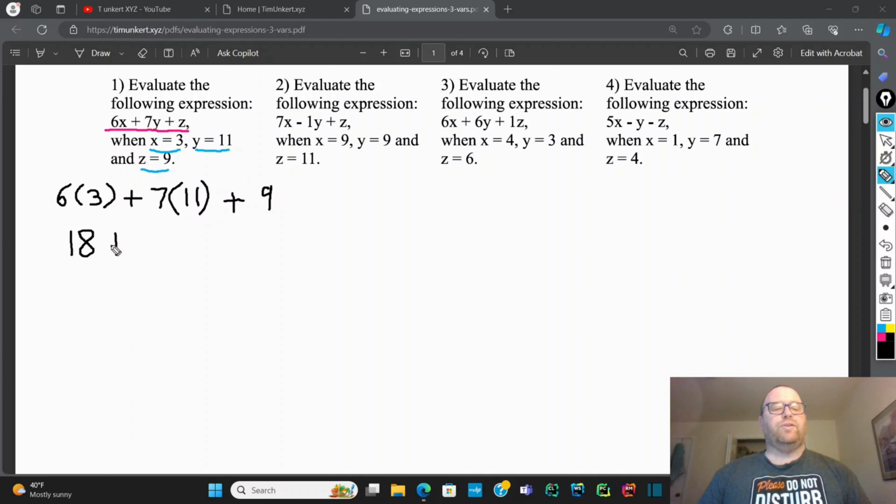So we just do the multiplication first. We'll do 7 times 11, which is 77. And then we'll add 9 here. Okay, so now we have 7 plus 9, which is going to be 85.